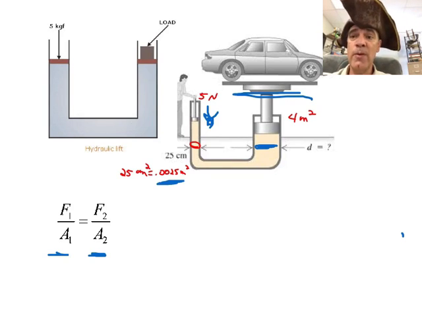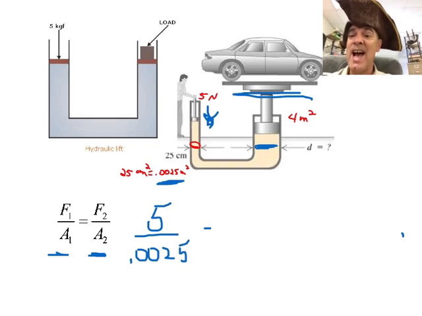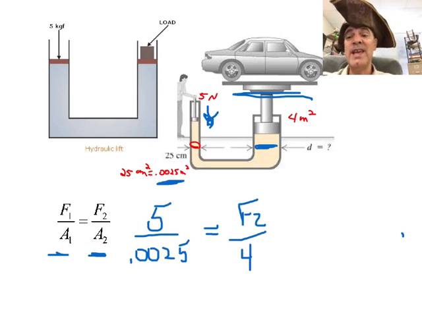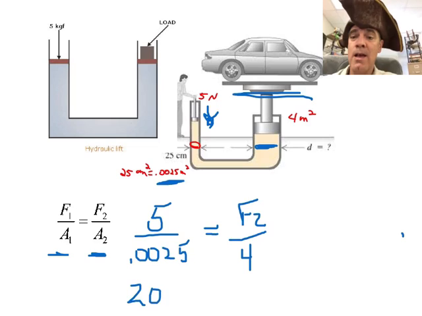So the force 1, which was 5, over the area 1, which is 0.0025, has to equal the new force over area 2. And so we get 20 equals 0.0025 F2.